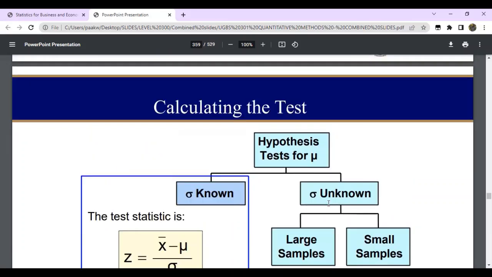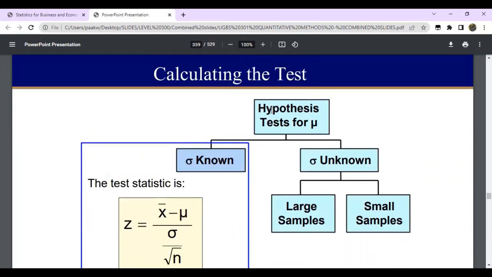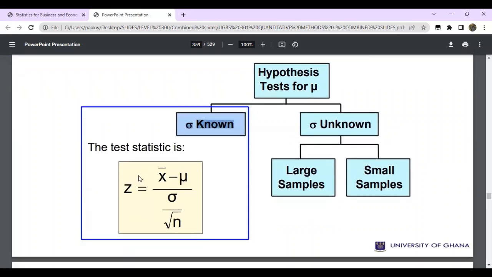Now, this is the formula. If the standard deviation sigma is known, we use this formula: Z is equal to the sample mean minus the population mean, all over the standard error. And the standard error is given as the standard deviation, sigma, over the square root of n. That's what we use when your standard deviation is known in the question given.